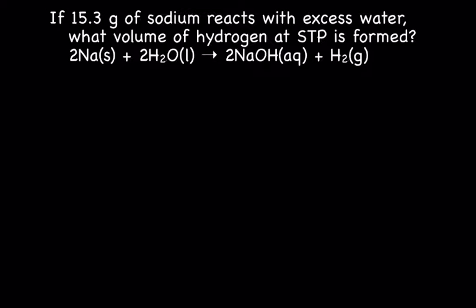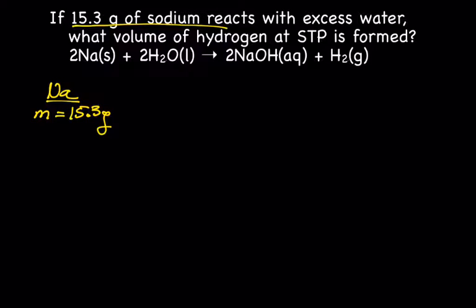All right, so I'm going to start by making my list of what I know and what I don't know. Our known definitely has to be sodium because we know we have 15.3 grams of that. So I have sodium, and I know the mass equals 15.3 grams. That's about all I know about sodium.